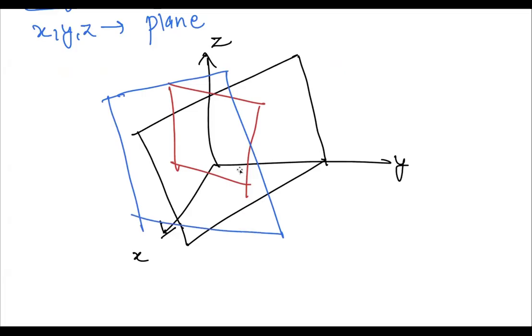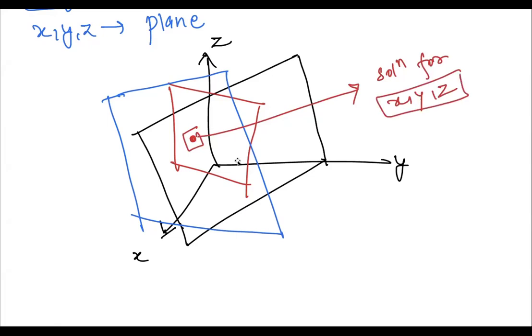Assuming these are my planes and we somehow get an intersection point, this intersection point will be called the solution for x, y, z.